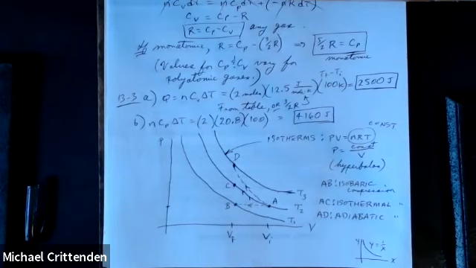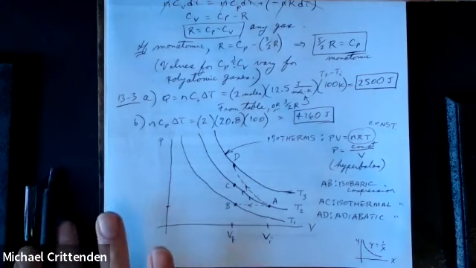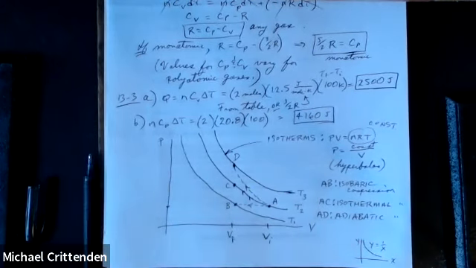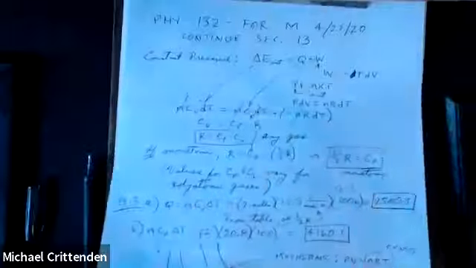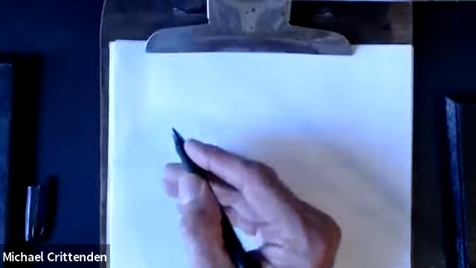But when you go to solve a problem, you want to represent that with some sort of quantitative expression rather than just a picture. So let's list out equations. First of all, simplest one is for the isobaric process.